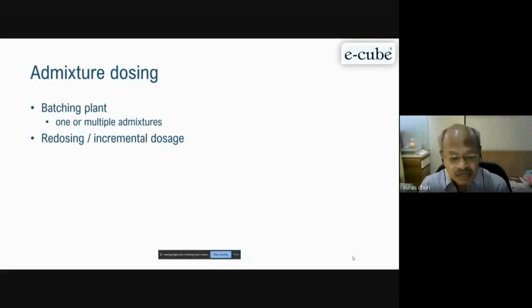Once it has reached the site, I can add super plasticizer to regain the workability. So that is called incremental dosage, and it is possible very effectively. People are using it, but with proper technical understanding.